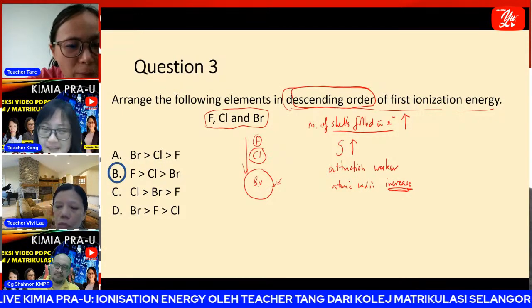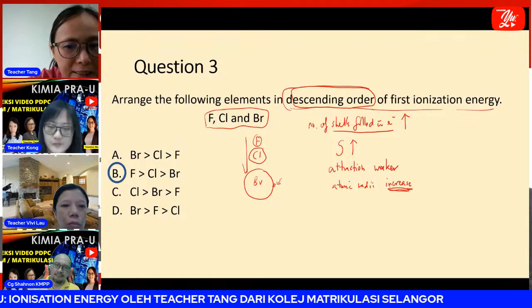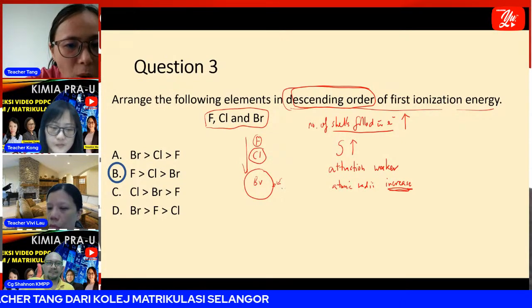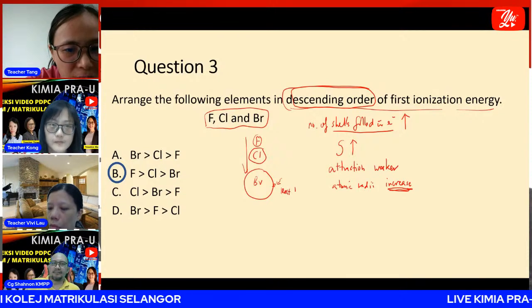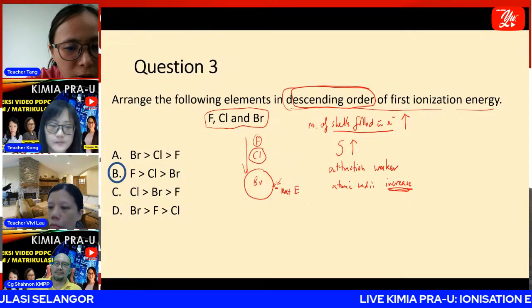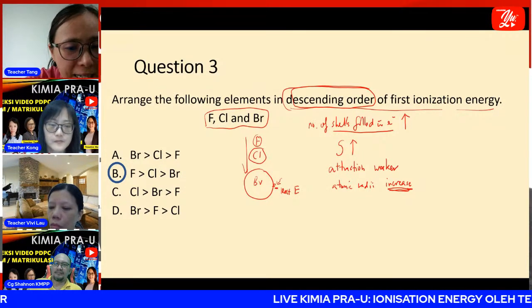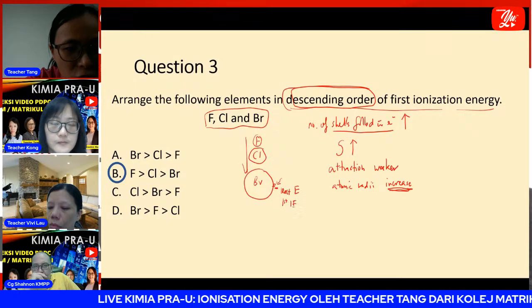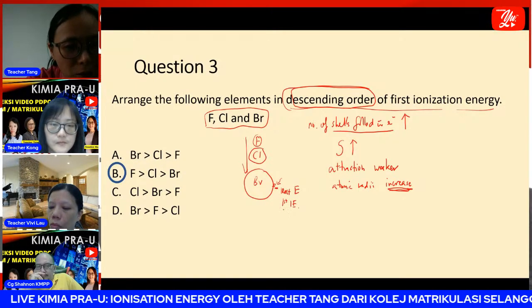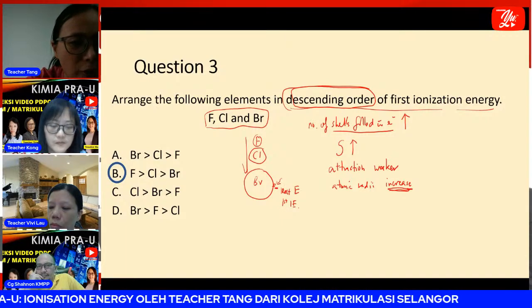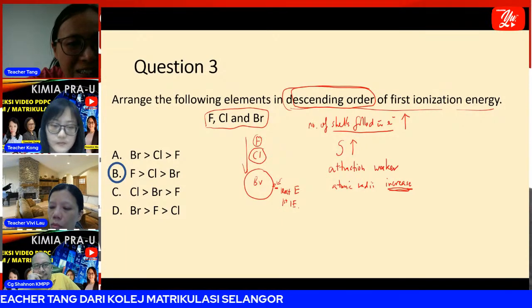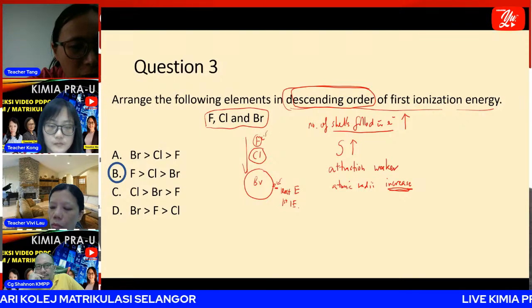Okay, so you see, for bromine, it is the bigger size. If the bigger size, it requires the least energy to remove the first electron. The least energy means that the first ionization energy would be the lowest. Okay, so fluorine is the smallest, which means hardest to remove the first electron.